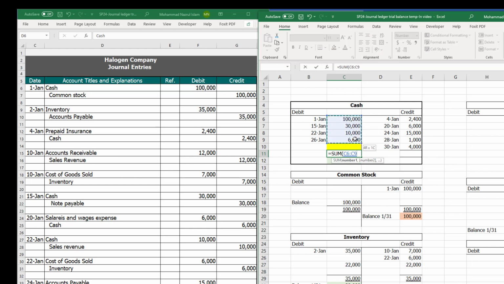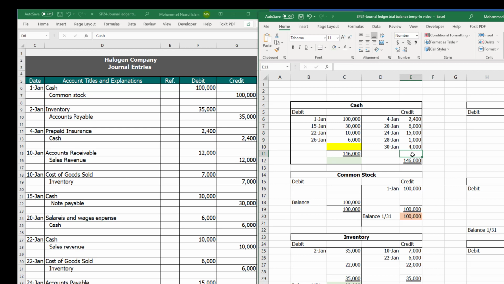The sum is 146,000, and now I am writing this 146,000 over here on the credit side. The difference between this 146,000 and this is the balance over here.